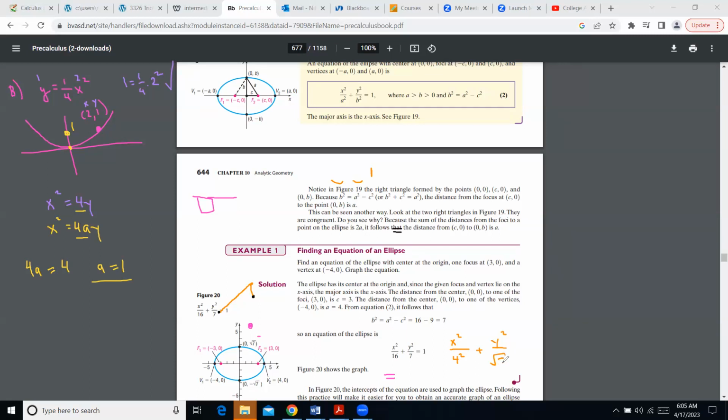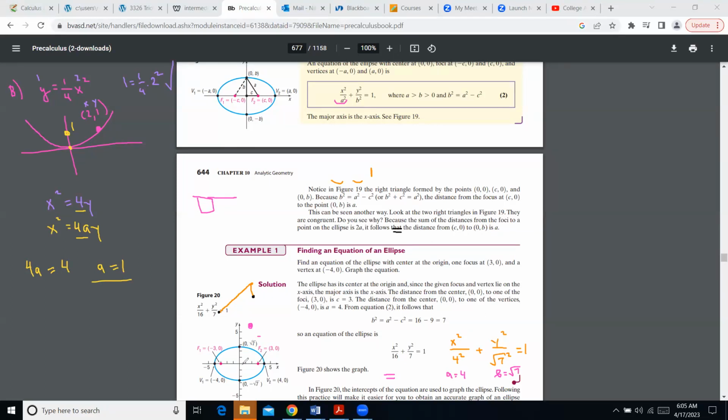Well, it's going to be square root of 7, squared, because we cannot really take the square root of 7, and that's fine. Then I can see that the letter A under the x variable here is 4, and the letter B under the y variable is square root of 7, which is 2 and a little something, so somewhere a little bit above 2.